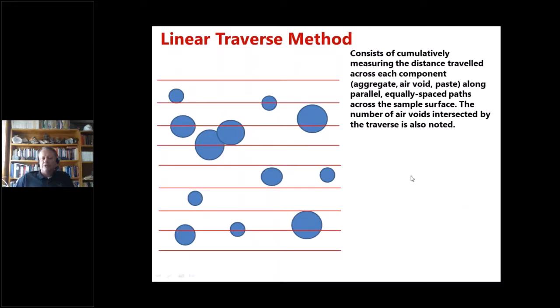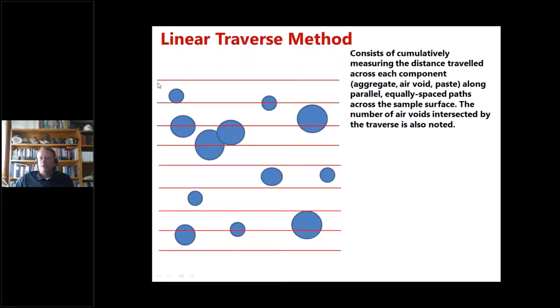So the linear traverse method consists of a series of lines, which we call traverses, or segments of a traverse, that are parallel and equally spaced, and that go across the surface of the cut and polished concrete.